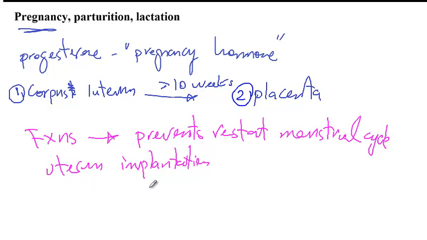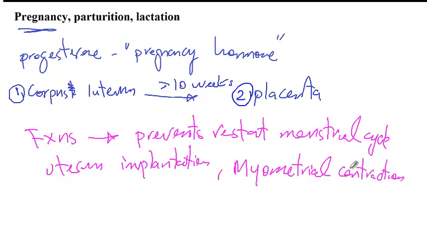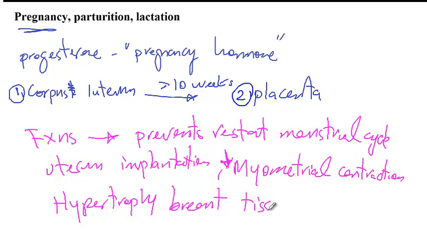It's actually preparing the uterus for implantation. It prevents myometrial contractions in order to prevent the embryo from falling from the uterine wall. So prevention or decreased myometrial contractions. And then finally, it will induce hypertrophy of the breast tissues in preparation for the lactation that is coming up.